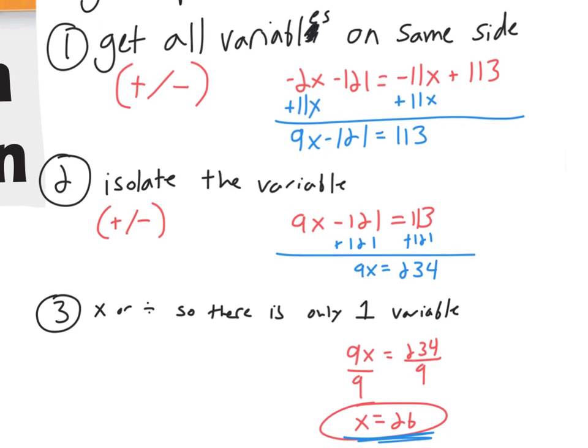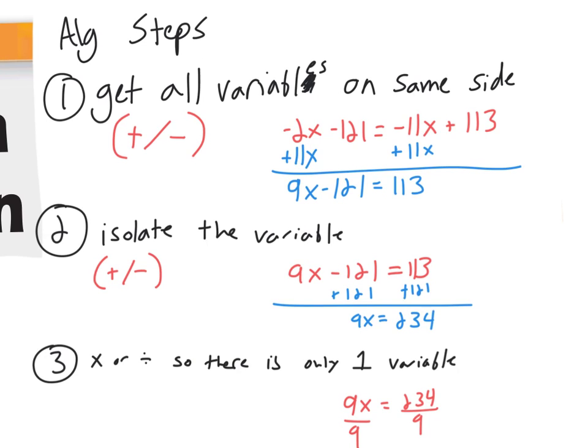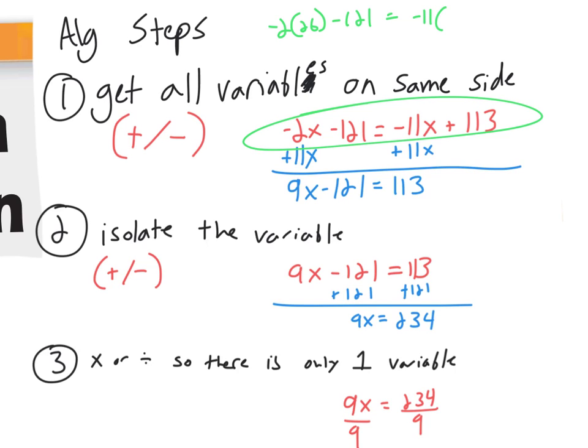So if we go back up to our original problem, way up here at the top, and we put 26 in for the x, that's negative 2 times 26 minus 121 is equal to negative 11 times 26 plus 113. The whole goal was to figure out a number that would make this true.